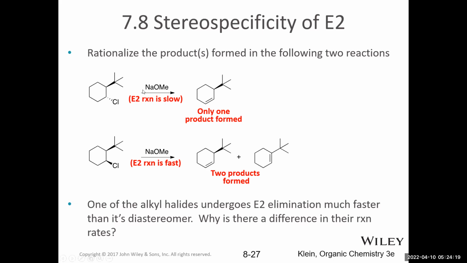So this E2 reaction is slow, and this E2 reaction is fast. And let's think about how we can potentially differentiate when a reaction will occur quickly or slowly in an E2 reaction. That's going to have to do with the two chair conformations and which one has the appropriate transition state in the more stable chair configuration.